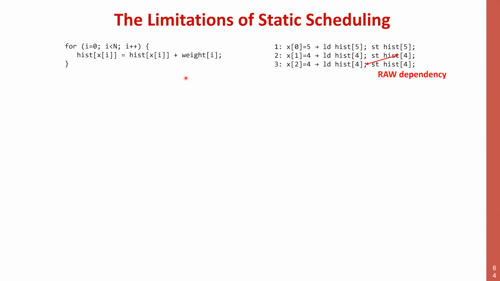And since you are updating bins with some weight, this update of the bins of hist may be completely independent between two iterations if the x of i and the x of i minus 1 are different, or if they happen to be the same, you're actually updating the same bin in two different iterations. And here is the case, right? Between the first two iterations, there is absolutely no dependency, but between the second and the third, there is a dependency.